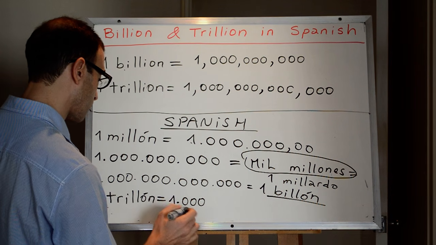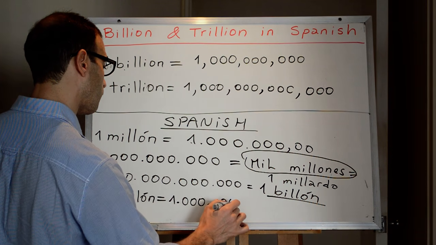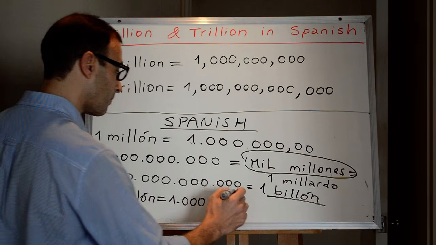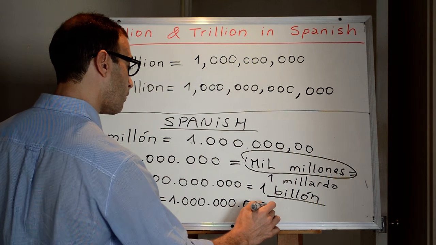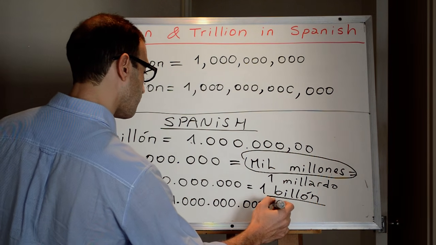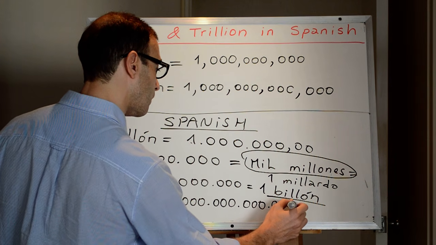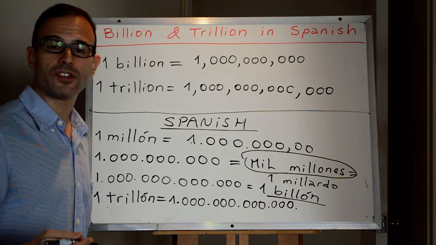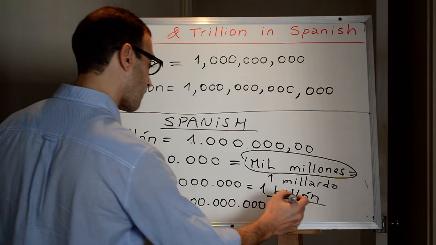Okay? The dot. 3 zeros for the thousands, 6 zeros for the millions, 9 zeros for what we call thousands of millions, 12 zeros for what we call in Spanish billones, or in English trillions.